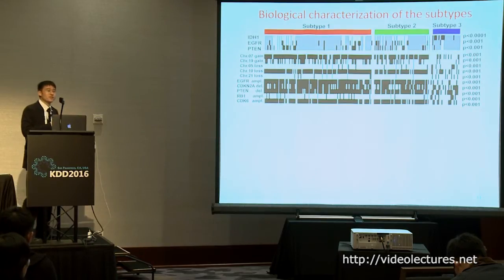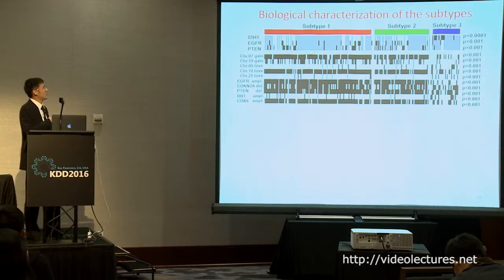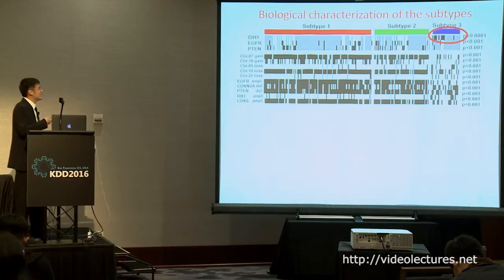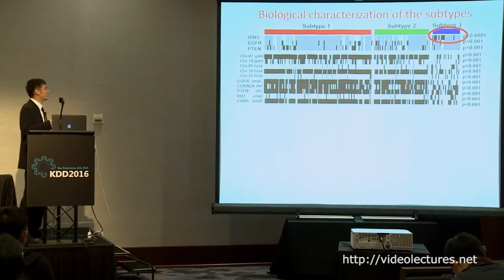In the literature, it is well known that patients with the IDH gene mutation should have longer survival time than other GBM patients. So this explains part of why the clustering algorithm works well and correctly identifies subtype 3, which has a very good survival time.